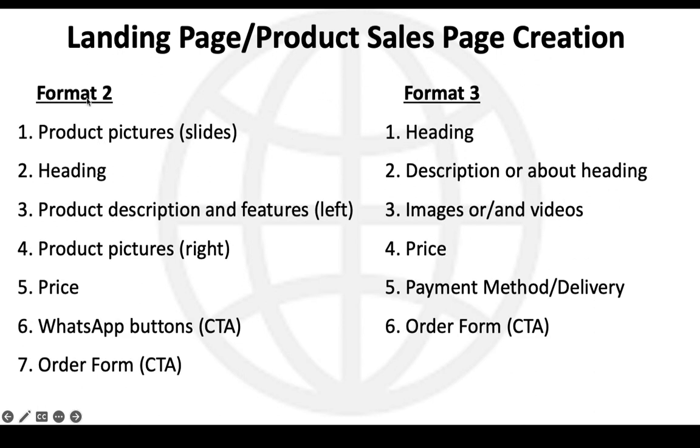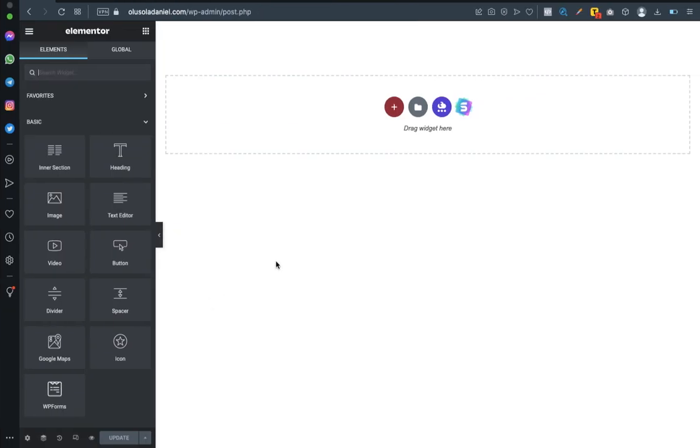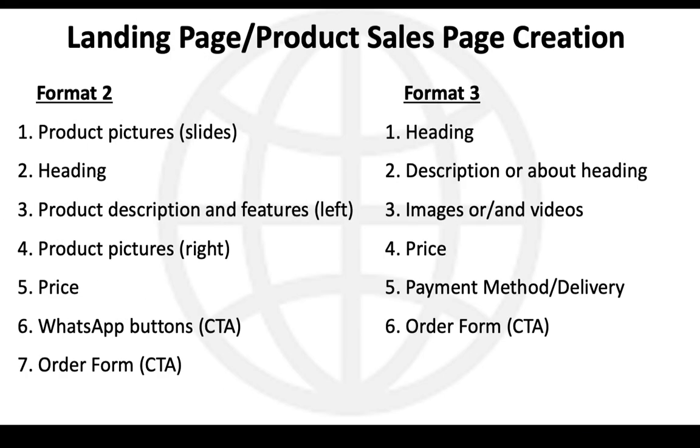So guys, very quickly I'll be showing us how to create a sales page following this format. So next thing now is going straight into my Elementor page builder, which I already have opened. We'll be following these steps. The very first step is product picture, which is going to be slide. 2, heading. 3, product descriptions and feature left, product pictures right, price, then a call to action button, which is the WhatsApp button.